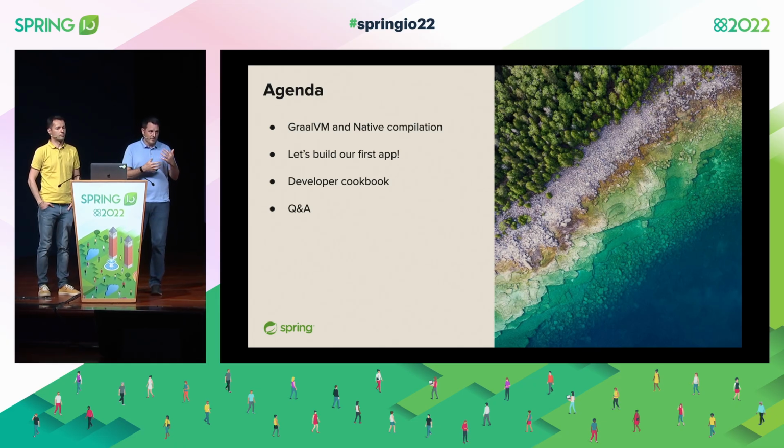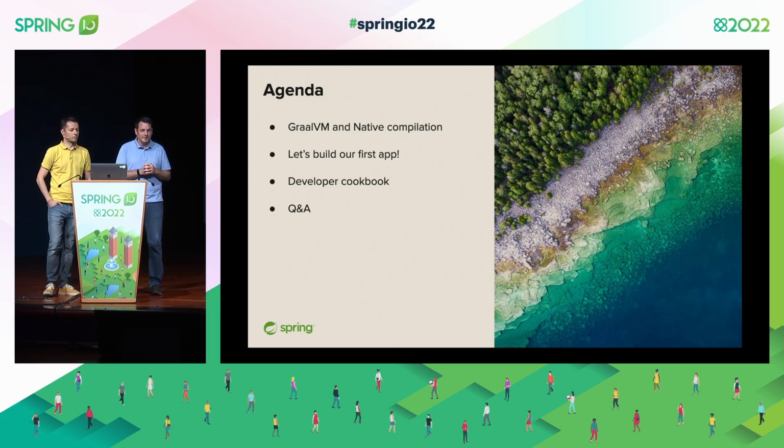Based on this, we will go into more details of what the Spring integration entails, and we will continue with the developer cookbook. Essentially, giving you steps that you can take on your existing application to validate or check if it's native ready, or if perhaps there's still some stuff on our side to fix.